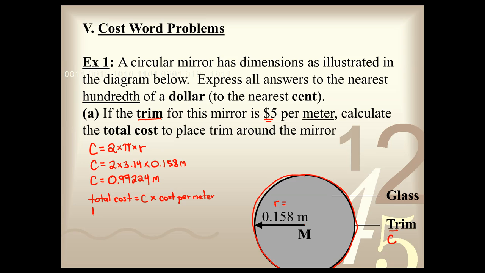So my total cost would then be equal to the circumference, which is 0.992224 meters, multiplied by the cost per meter, $5. Multiply those two together, and it's going to tell me what the total cost is.